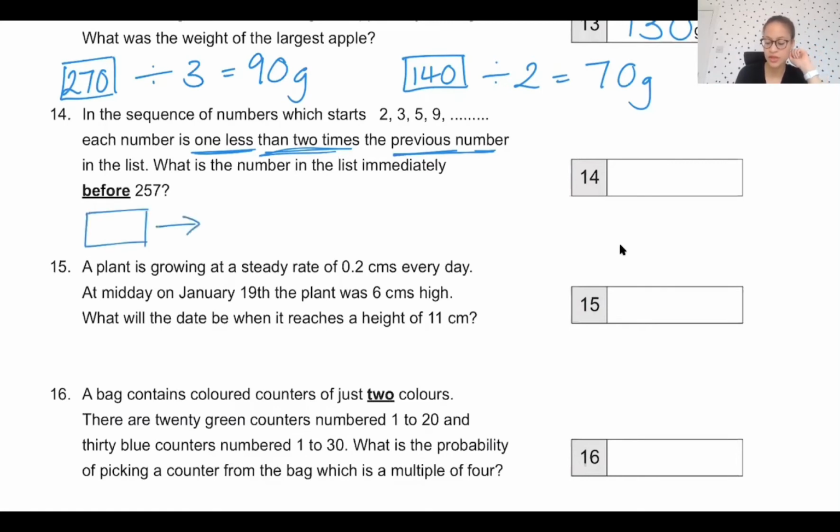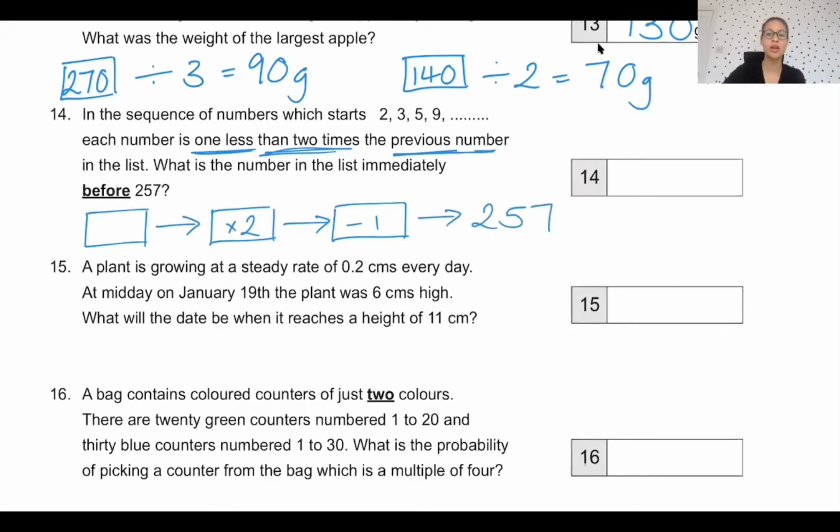And then we would have to times that by 2 as our first step. And then we would subtract 1. Be careful there, because they say the subtract 1 before they say the 2 times, but actually these steps go in a different order. So we would times by 2, subtract 1, and we would get 257. Now we've set that out, all we need to do is work backwards.